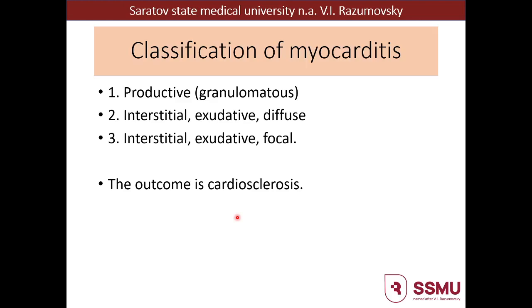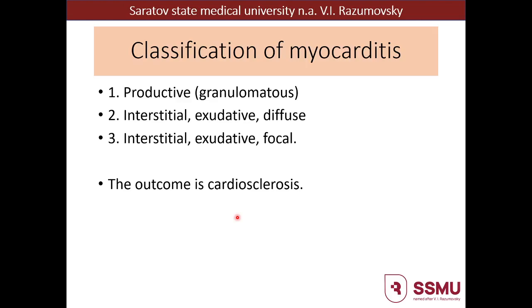So, the second type of pathological process typical for rheumatism is myocarditis. According to classification, myocarditis may be productive and exudative. The productive type of myocarditis may be granulomatous, with formation of Aschoff-like granulomas, and we have already discussed it.